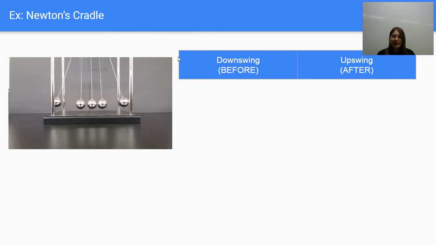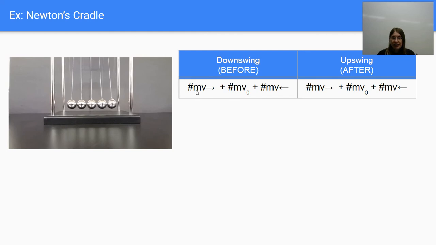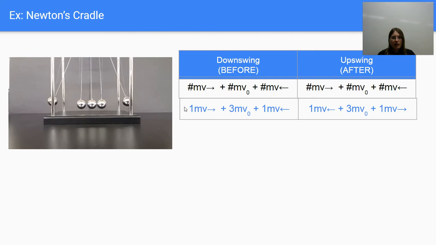It's really cool. So our annotation now is how many are moving to the right, plus how many are still in the middle, plus how many are moving to the left, repeating how many are to the right, how many to the middle, how many to the left. So we have one mass moving to the right, one to the left, three in the middle. We have one to the left, three in the middle, one to the right.